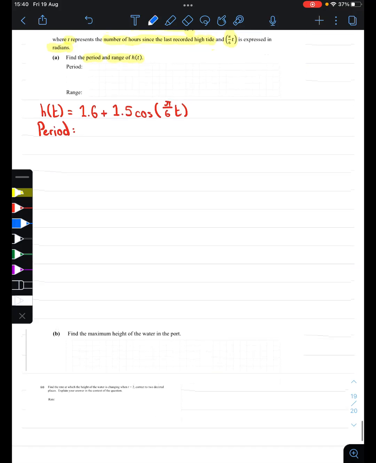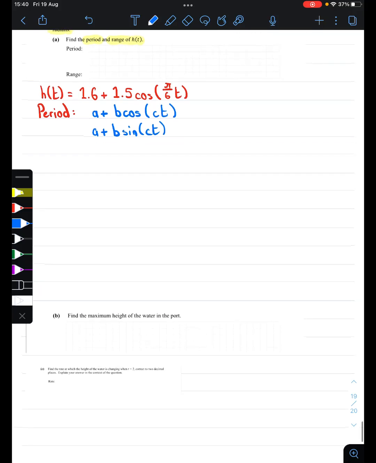Whenever we have a function of the form a plus b cosine ct, or a plus b sine ct, we have this formula for the period. The period of this function is 2 pi over c.